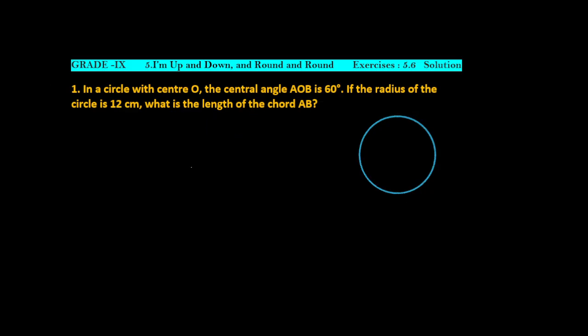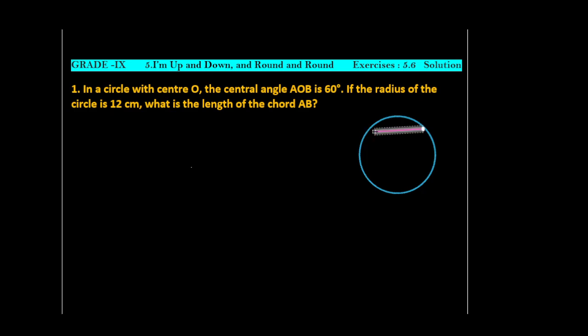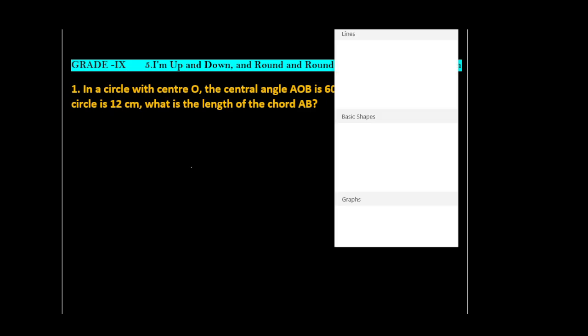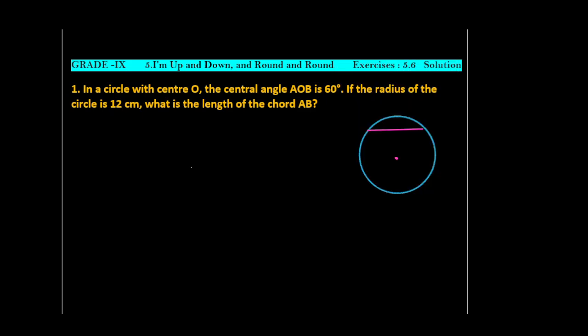If we are taking a chord, and joining center O to the points, we will be getting a triangle: O to B, then A to O. We will be getting triangle AOB.